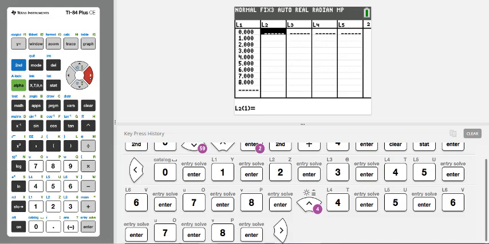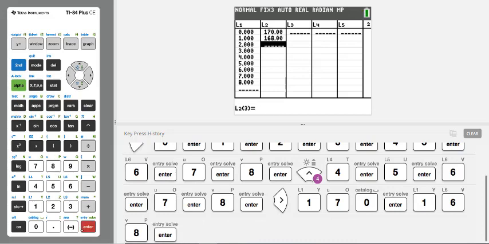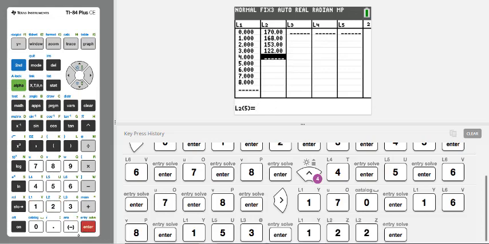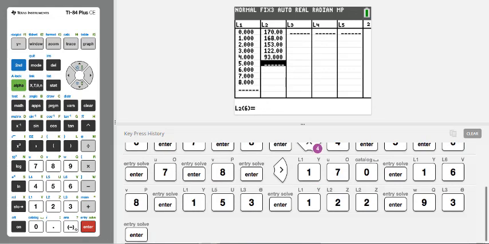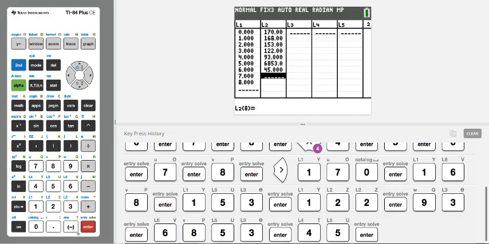So the first one is going to be 170. Second one's 168. Third one's 153. 122. 93. 68. 53. 45.